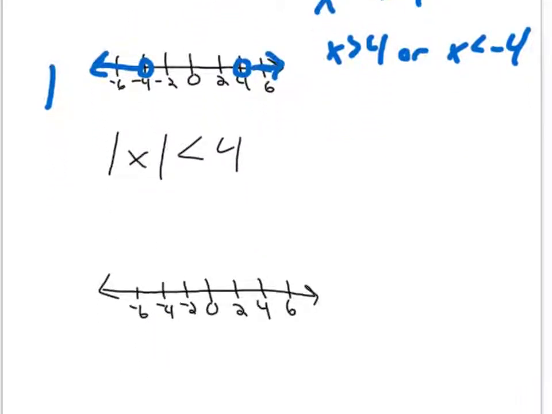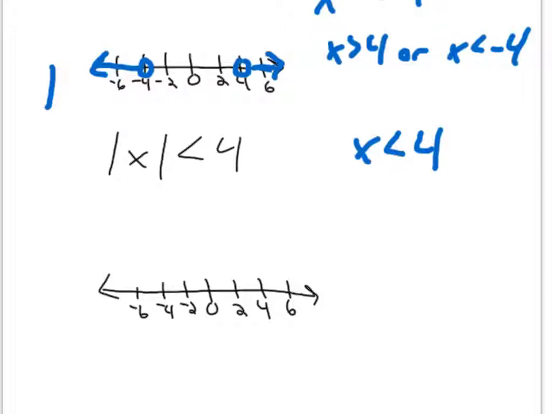Okay, so the absolute value of x is less than 4. So we have to think about what kinds of positive numbers have an absolute value less than 4. Well, again, the absolute value of 4 is 4. And 3 over here would have an absolute value that's less than 4, because the absolute value of 3 is 3. So x, in this case, has to be less than 4. So like 3 would have an absolute value less than 4, 2 would have an absolute value less than 4.